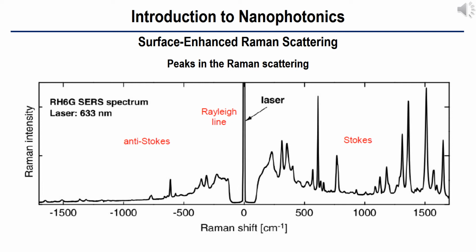As shown in this exemplary Raman spectroscopy data, we can find some organic dye molecules' molecular vibrational modes in both anti-Stokes and Stokes regions. The peak position, peak width, and peak intensity provide unique information on the molecule itself, and its concentration, as well as some chirality too if possible.